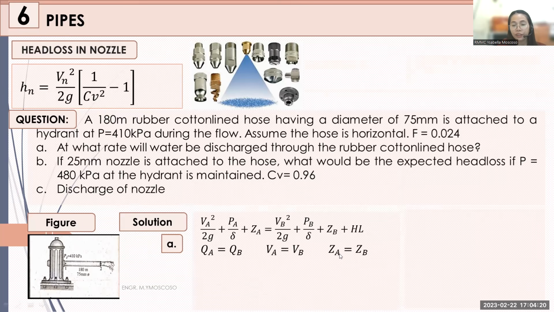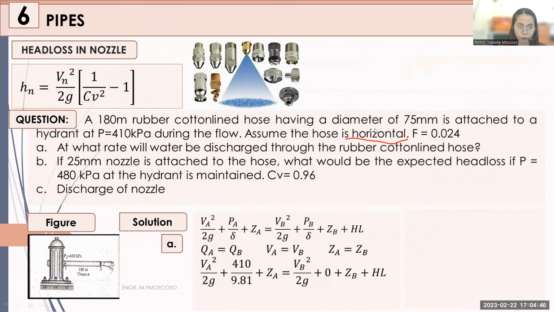ZA, your elevation head is equal to the elevation B. Bakit? Pantay lang sila. No, as stated sa problem ninyo, your hose is horizontal. So kapag horizontal sila, ibig sabihin their elevation head is equal. Gets? Okay. Having that said, no, you will have this equation.